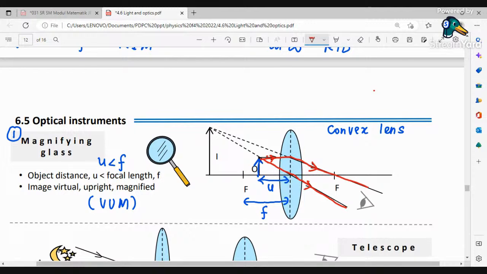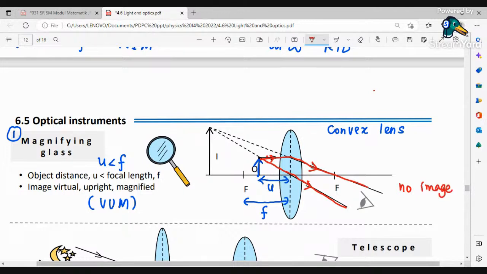You can see that as the rays come out from the lens, they move further away from each other. They will never meet here, so no image is formed on the screen.